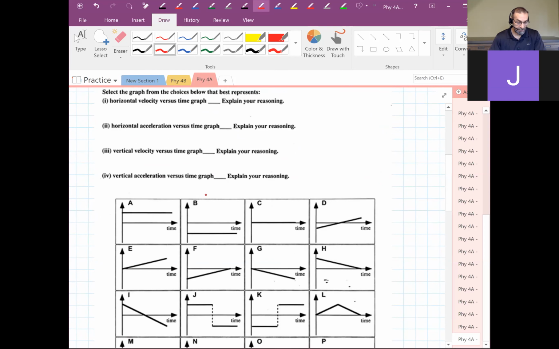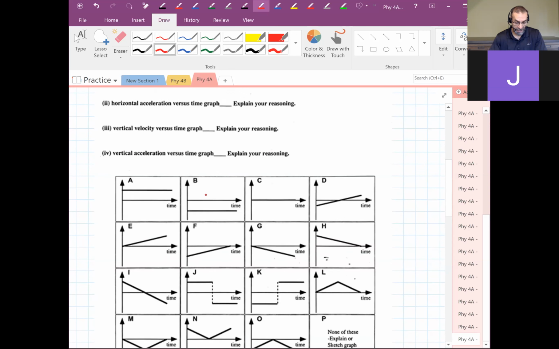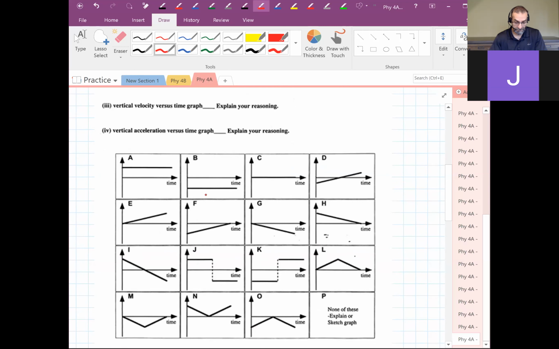You're picking the best graph that represents horizontal velocity versus time, horizontal acceleration versus time, vertical velocity versus time, and vertical acceleration versus time. Maybe we should just do one at a time here.